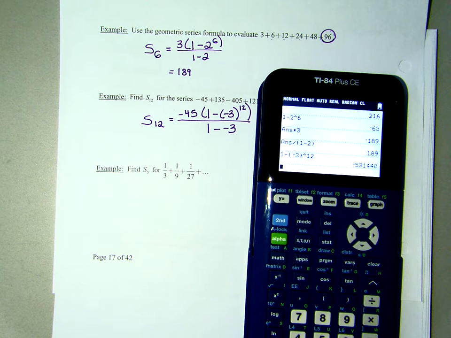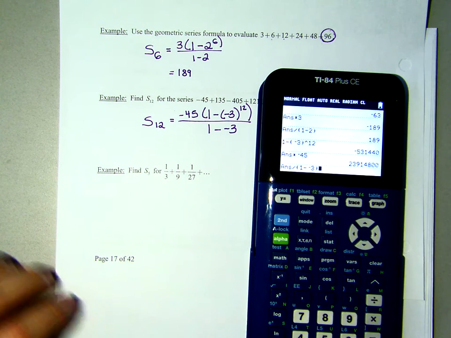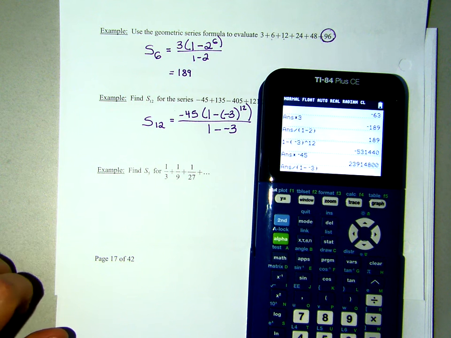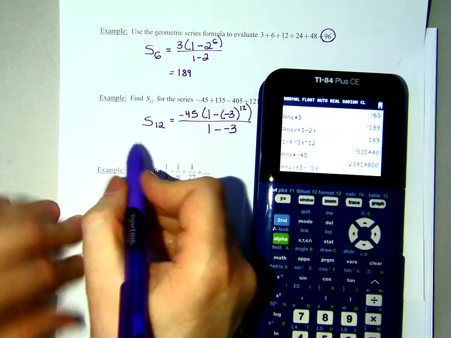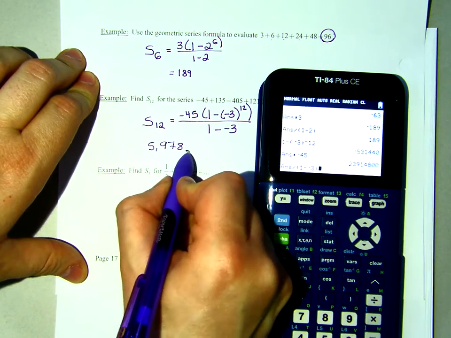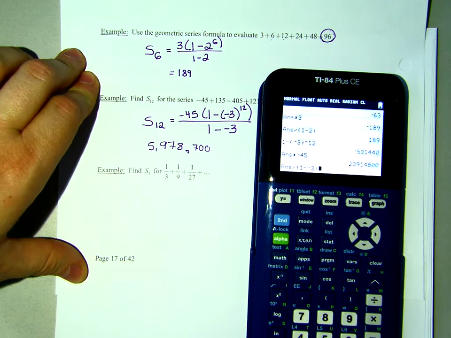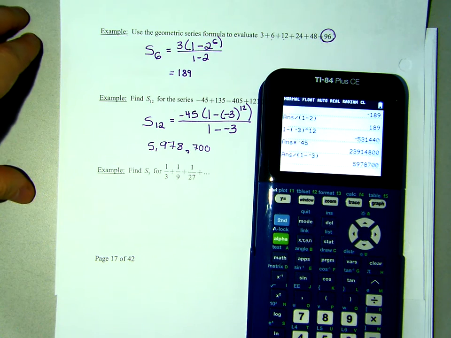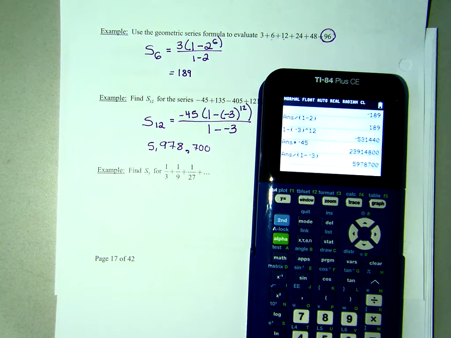You look like you have a question. Negative 45, sorry. What's the answer? 5,978,700.